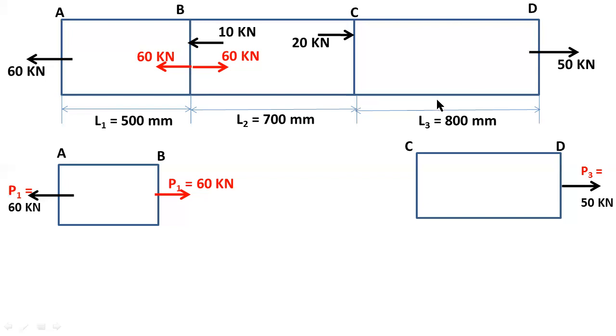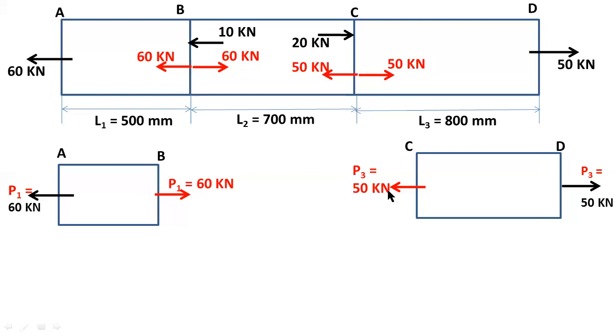That's why I am adding two equal and opposite 50 kilonewton loads at point C. This load is in the right side direction, but I need a left side 50 kilonewtons load, so I consider this left side 50 kilonewtons load here.